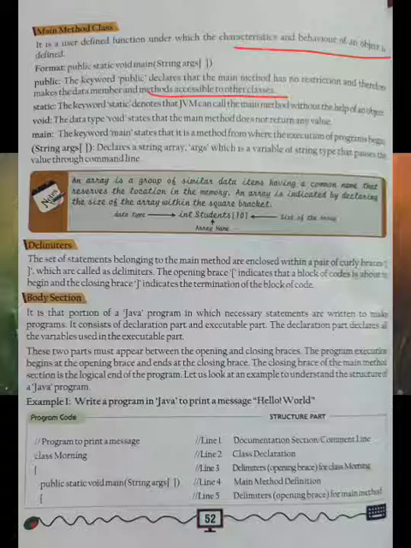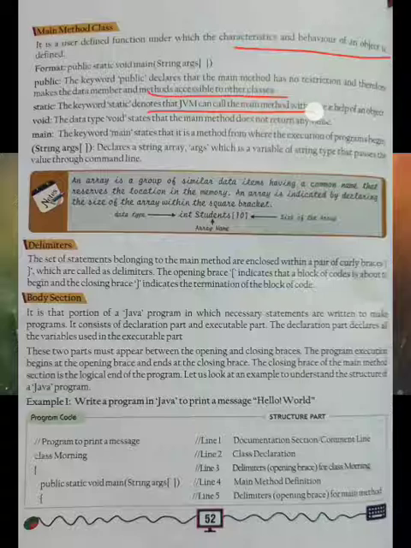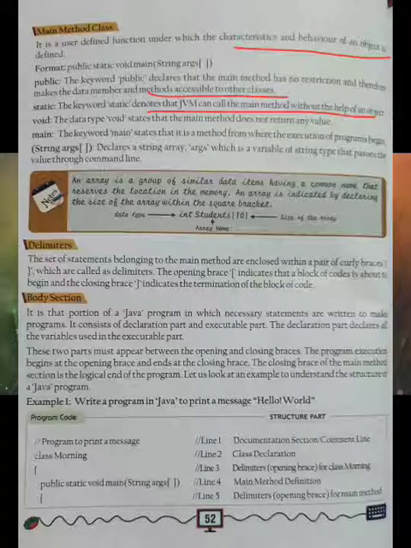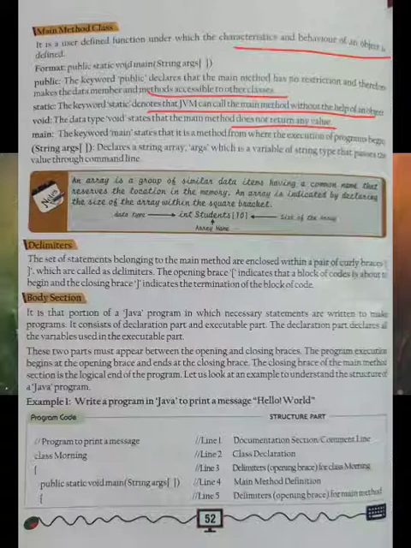Static: the word static denotes that the Java virtual machine can call the main method without the help of an object. Next is void. The data type void states that the main method is not going to return any value.